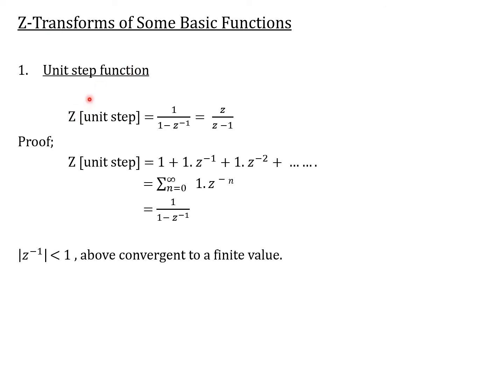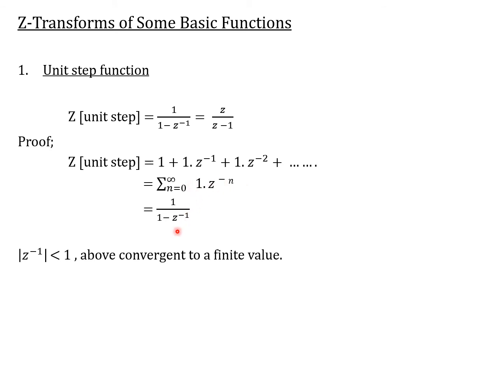The example is the Z transform of a unit step. The unit step is just 1 plus z to the minus 1 plus z to the minus 2, and so on. If you combine it, you get the summation of z to the minus n, and this is basically the Z transformation by itself.